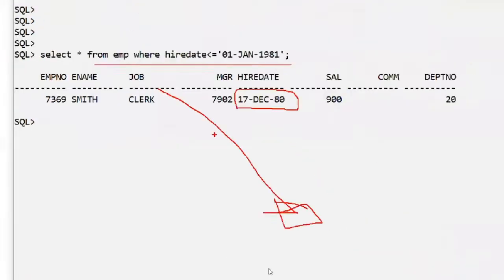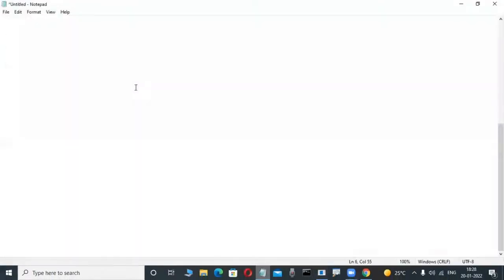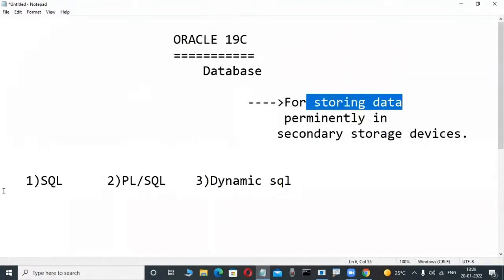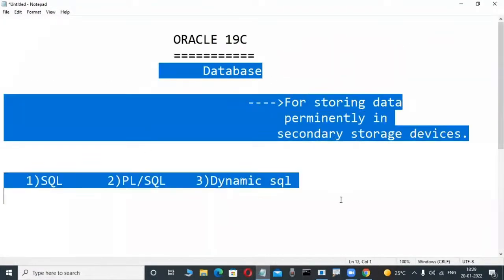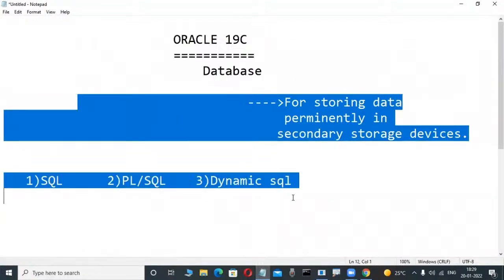That's why efficient data retrieval is most powerful, and it is possible only through these databases and these languages.